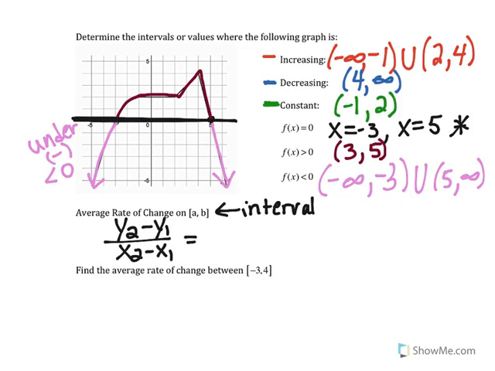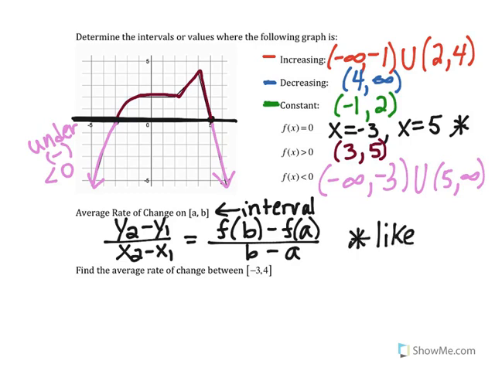Another way to write it using a and b is f of b minus f of a, so we're doing the second minus the first, over b minus a. So you can almost look at the interval as if it's a point. It really is the slope between those 2 points on the graph. It's the rate of change between those 2 values. It may just not be going through the graph like it is on a line.